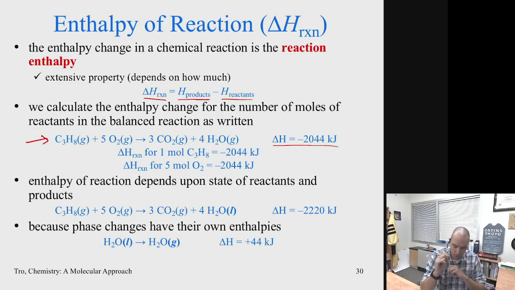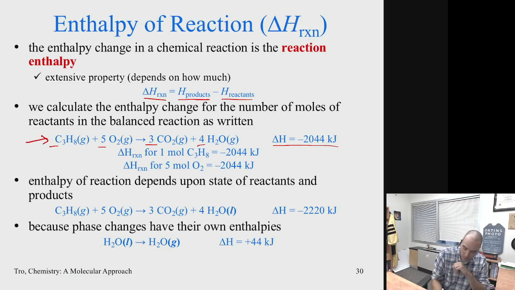What's important to note is that it is for the number of moles in the balanced reaction as written. What do I mean by that? This is minus 2,044 kilojoules per 1 mole of propane, or per 5 moles of oxygen, or per 3 moles of carbon dioxide produced, or 4 moles of water produced.